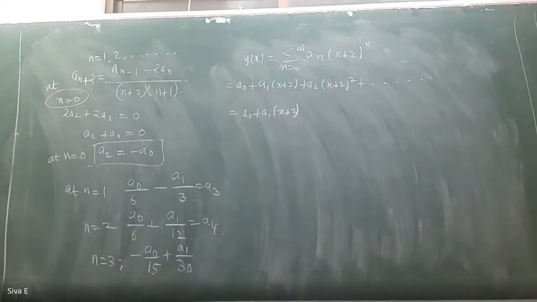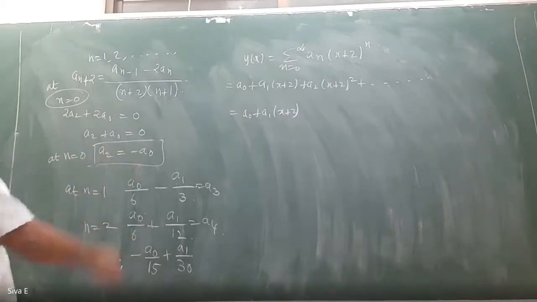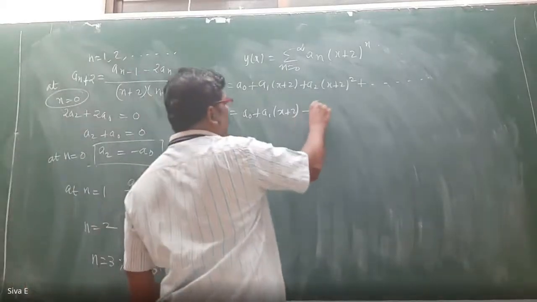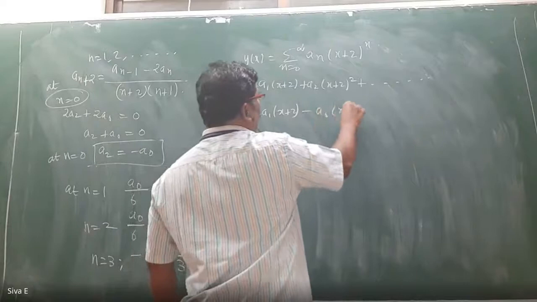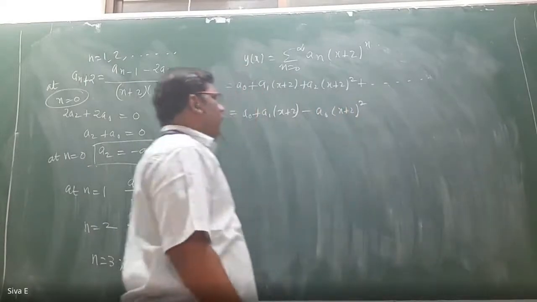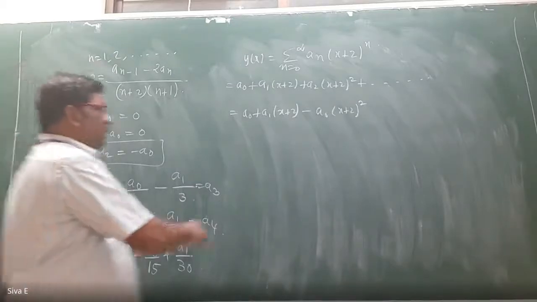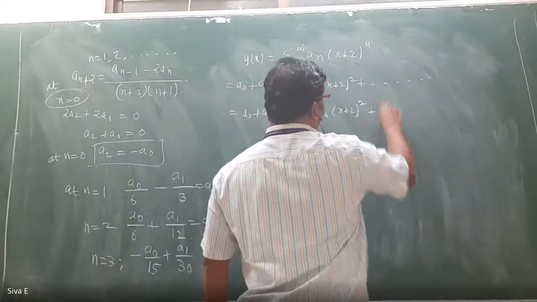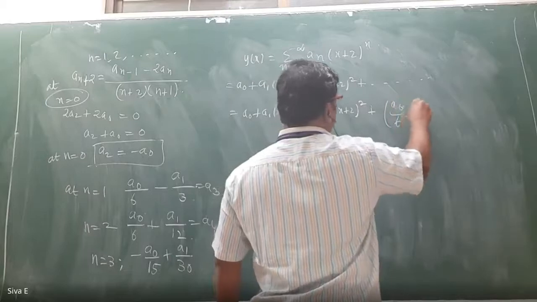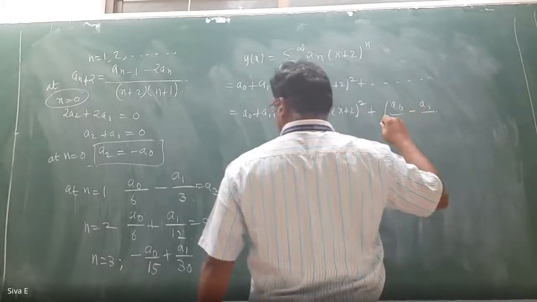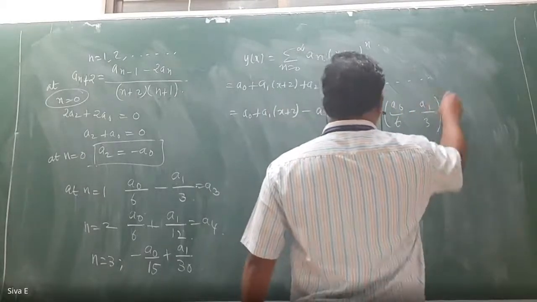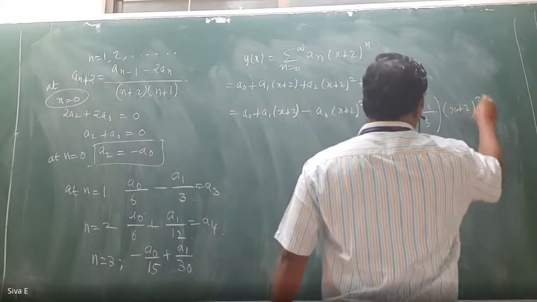a2 is minus a naught. Minus a naught into x plus 2 whole square, plus a naught by 6 minus a1 by 3 into x plus 2 whole cube.